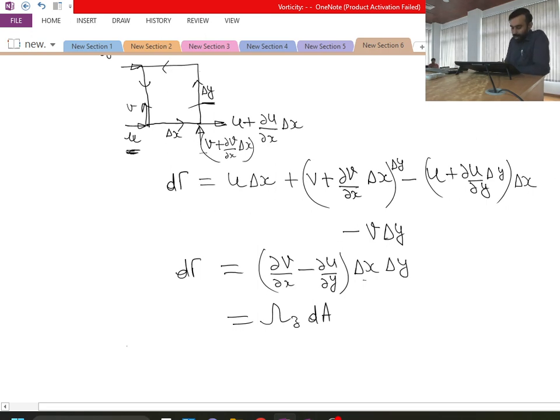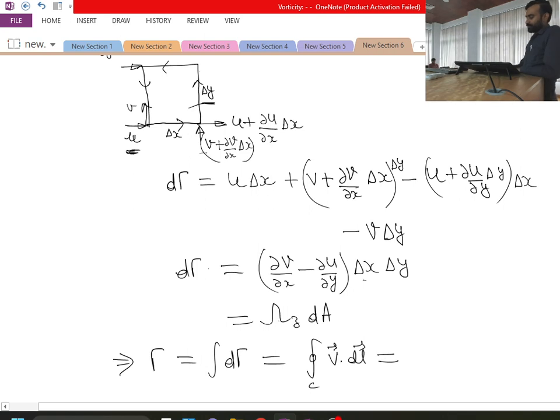Okay. So now if I write circulation, which will be nothing but the integral of d circulation, so ultimately I will be getting that the cyclic integral of v vector dot dl vector is becoming equal to the integral of, what is the integral of this?